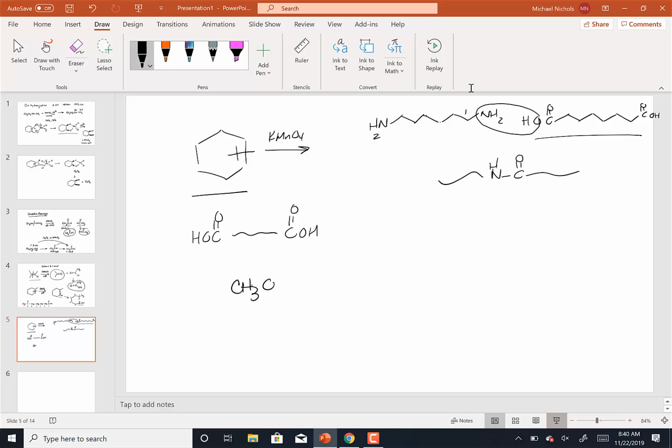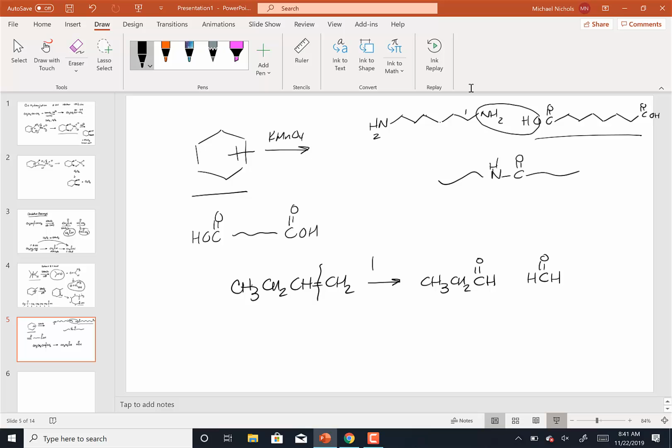What happens if the double bond is at the end of a chain? What happens then? Basically, same thing. Cleave the double bond. In this case, I would have an aldehyde, and then I'm going to have that aldehyde formed.